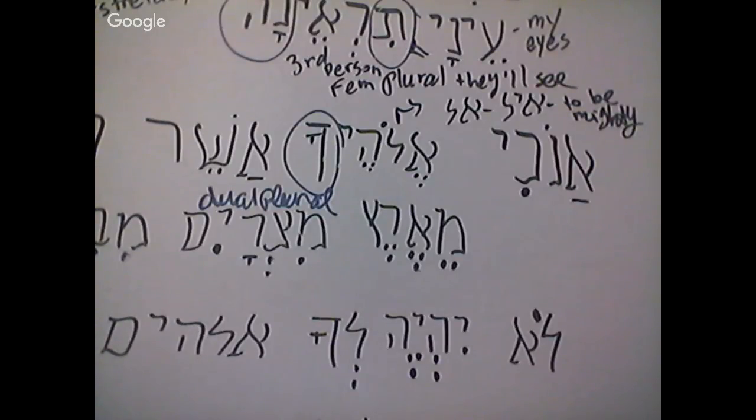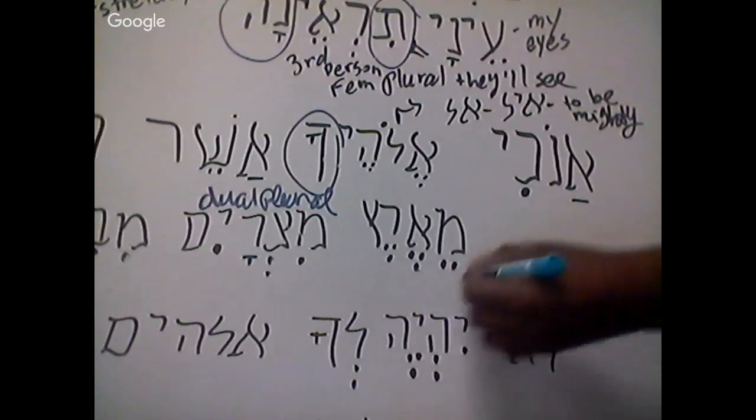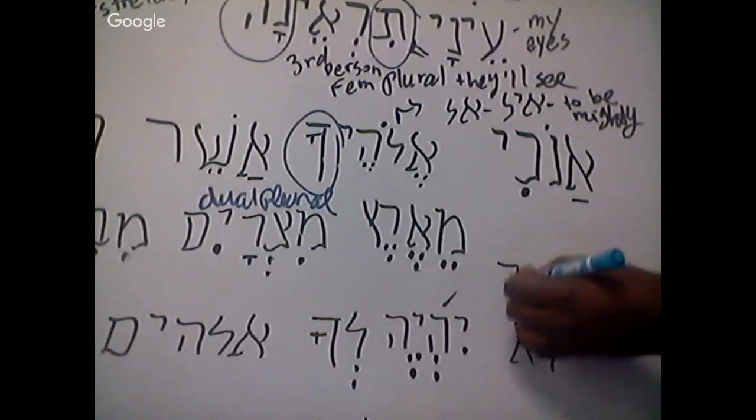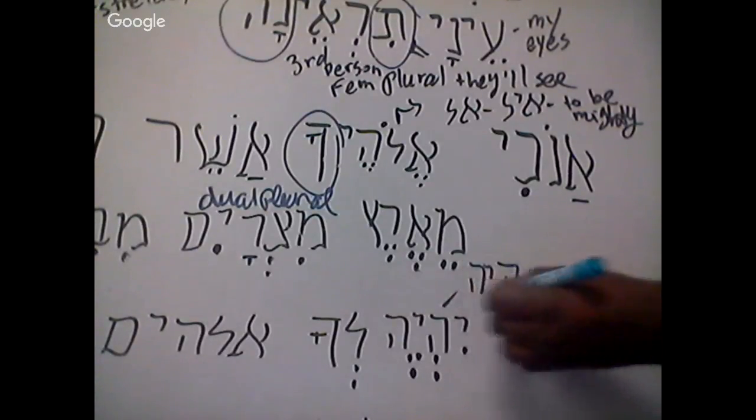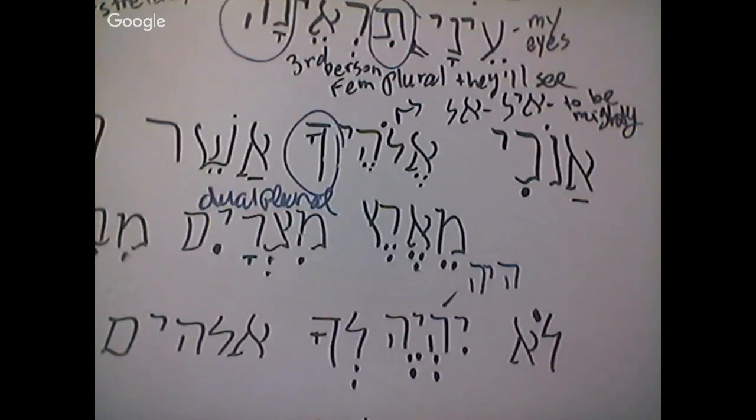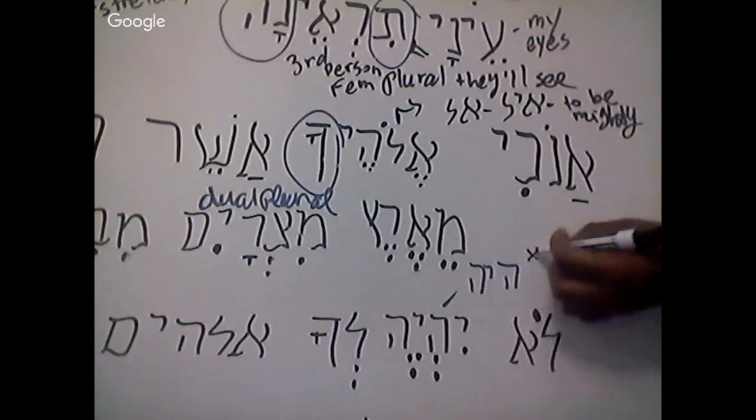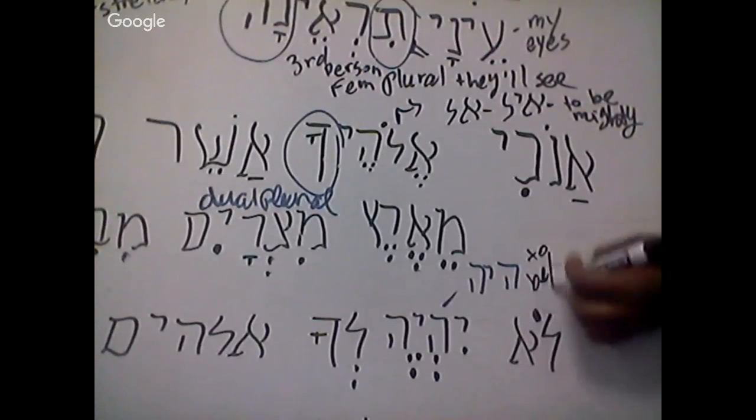So what is done is this. You have lo, which means no or not. Yihye, this word here, is a future tense word from its root word, haya. Haya in Hebrew, brothers and sisters, means to be or to exist. So what we're looking at, lo yihye, haya, meaning to be or to exist.